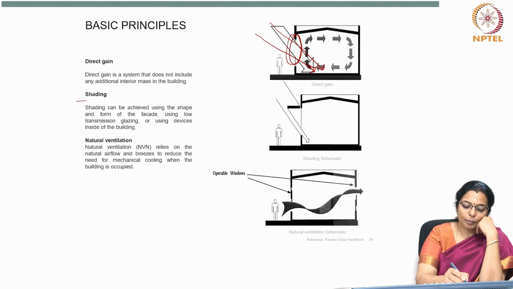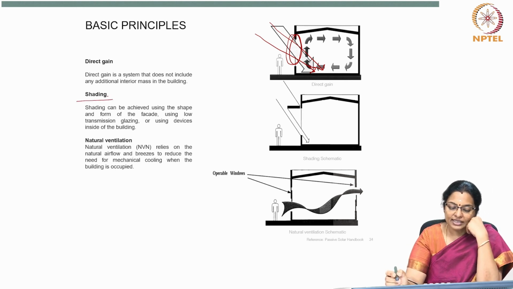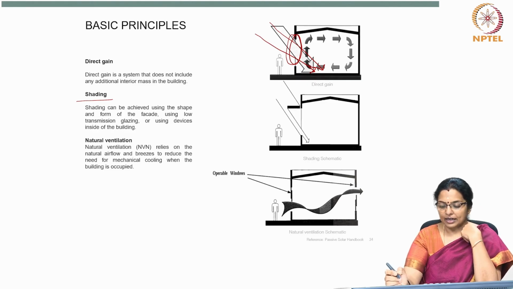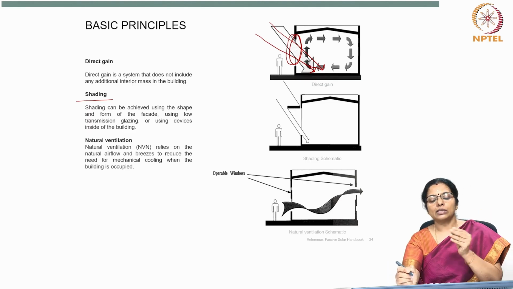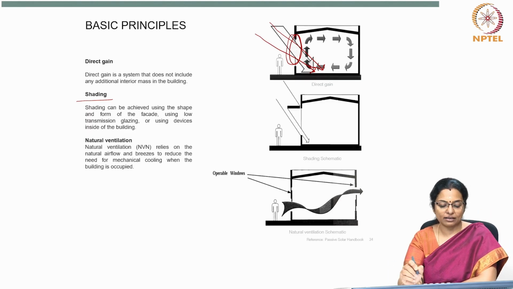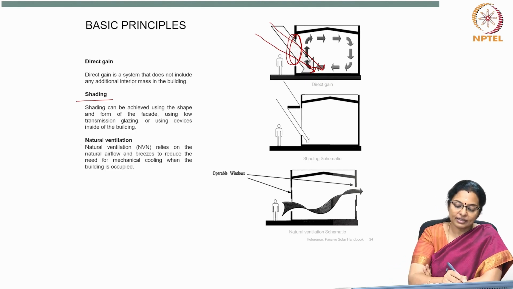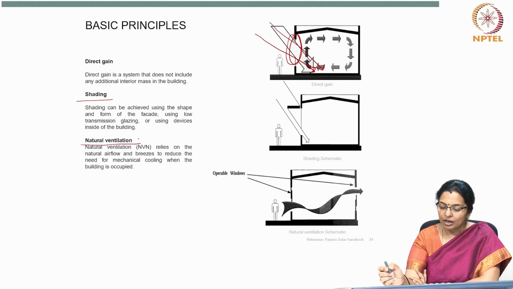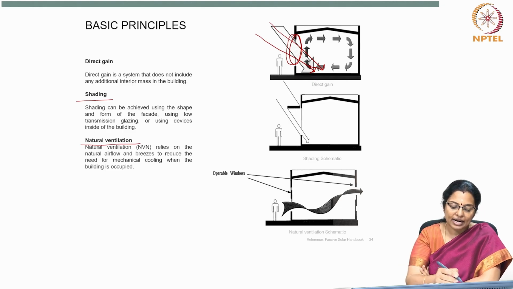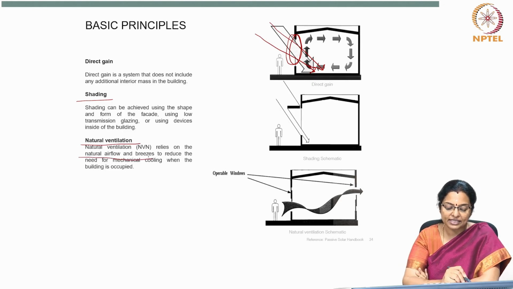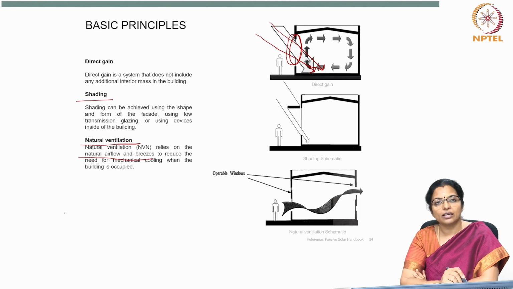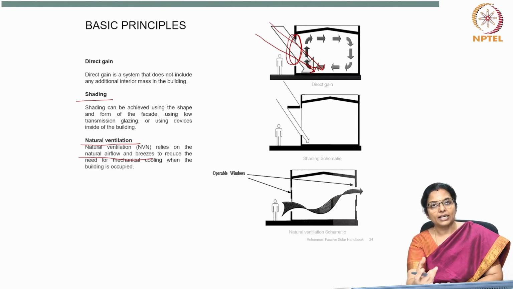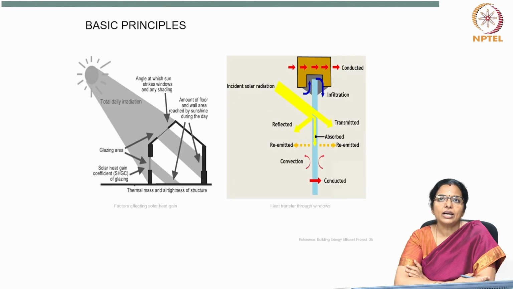Then we can have appropriate shading. This can be achieved using the shape and form of the facade, using low transmission glass or using certain devices inside the building. Third is natural ventilation, which relies on natural airflow and breezes to reduce mechanical cooling when the building is occupied already.